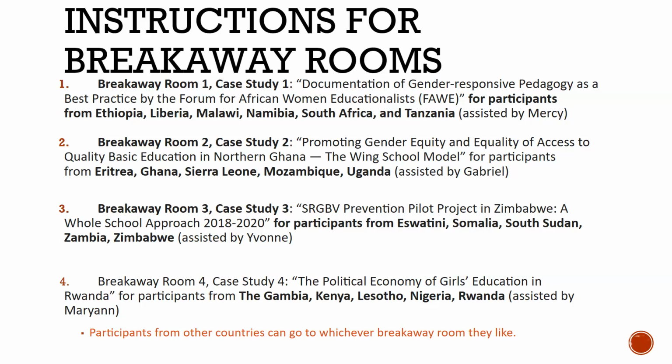Breakaway Room 3, case study 3, is a school-related gender-based violence prevention pilot project that was done in Zimbabwe called a Whole School Approach, 2018 to 2020. This one has been assigned to participants from Eswatini, Somalia, South Sudan, Zambia, and Zimbabwe. You will be assisted by one of our coordinators, Yvonne.